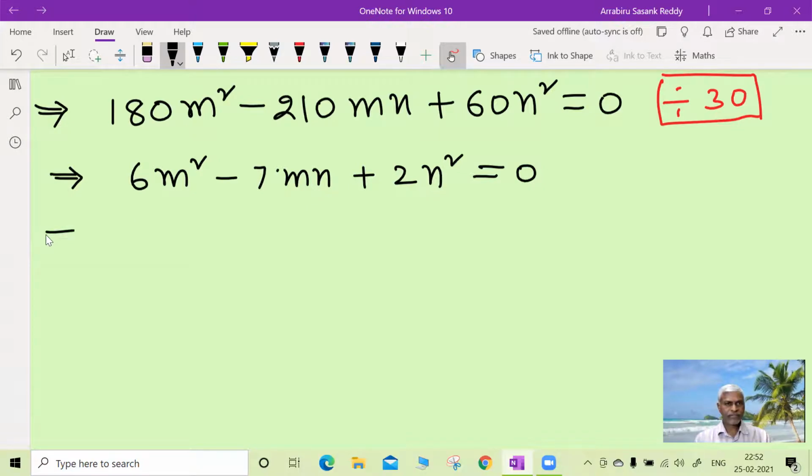Factorizing 6m square: 6 into 2 is 12, 4 into 3 is 12.